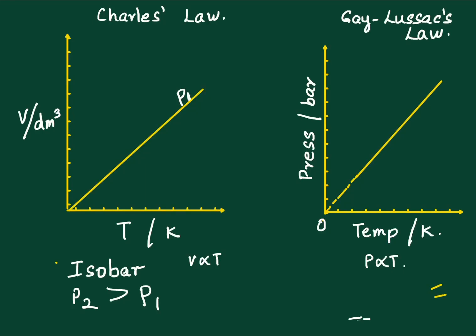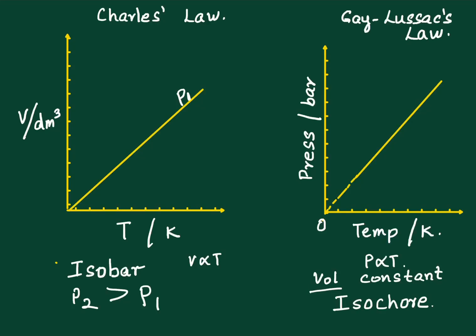Now, what name would you give to this graph now? Remembering that here volume is being kept constant. So constant means obviously I'm going to use the word iso, right? And volume is constant. So these graphs are known as isochores, graphs drawn when the volume is kept constant.